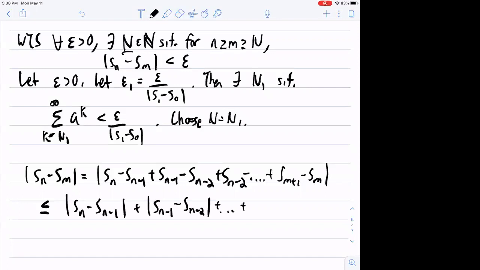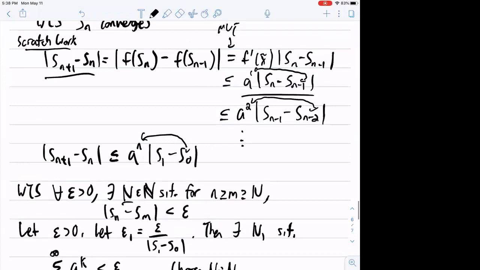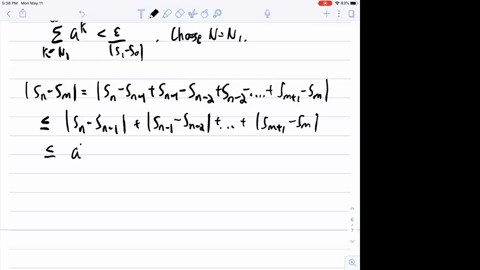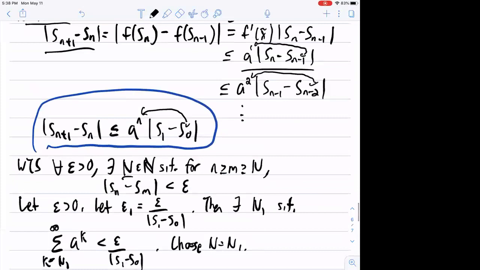I'll just do this. Now, each one from our scratch work was less than or equal to what? From scratch work, right here, Sn plus 1 minus Sn is smaller than a to the n times S1 minus S0. So this one's a to the n minus 1, because this exponent matches this exponent.